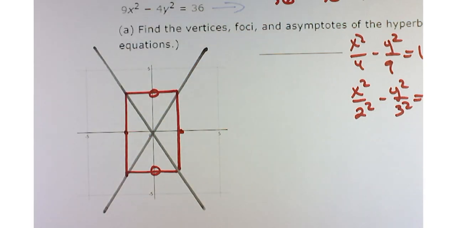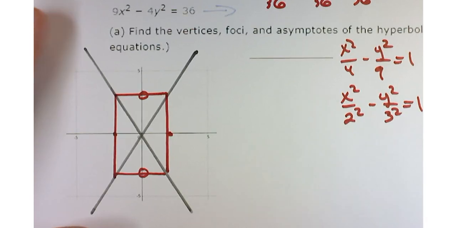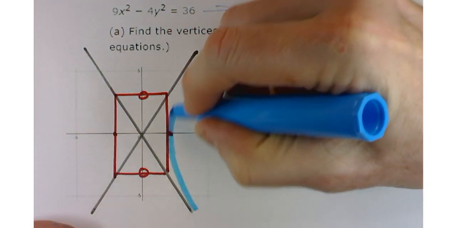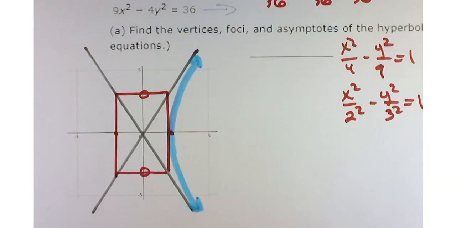All's looking good. This opens left and right because the x squared term is positive. So let's do that. Take care of that. So there's one branch. Let's graph the other one.